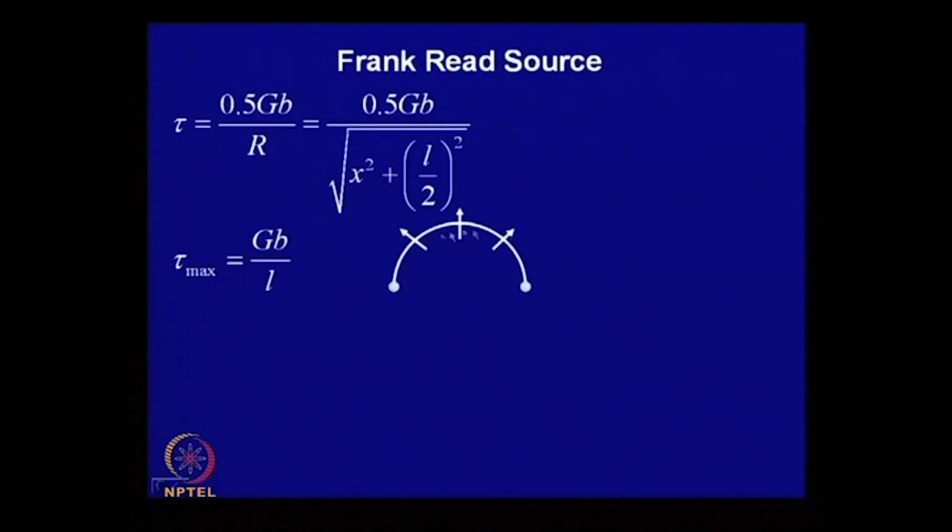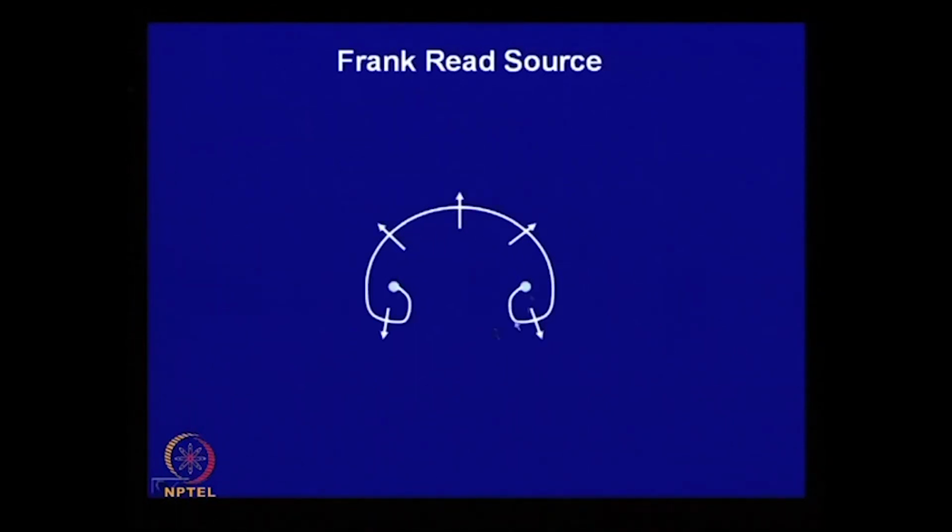When you reach this stage, you reach a stage of instability. After that, on a little expansion, it will form a configuration like this. Now, if you look at the character of this and this, one is a positive screw dislocation, another is a negative screw dislocation, so they will have a force of attraction.